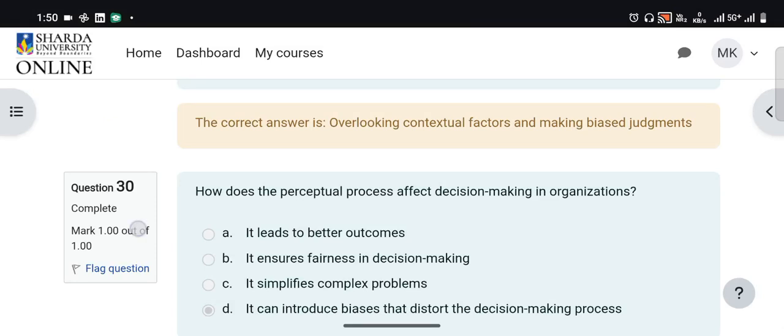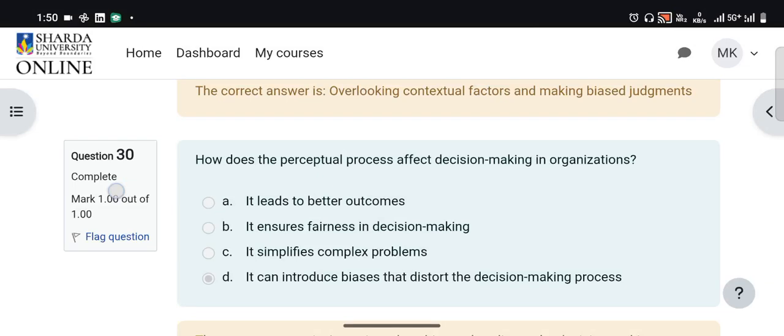Question number 30. How does the perceptual process affect decision making in organizations? Option A, it leads to better outcomes. Option B, it ensures fairness in decision making. Option C, it simplifies complex problems.